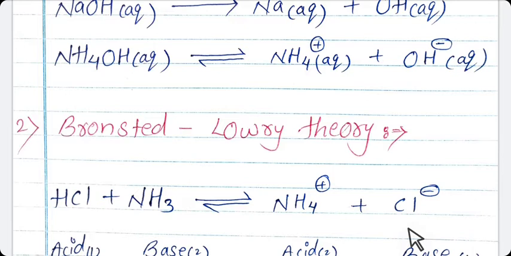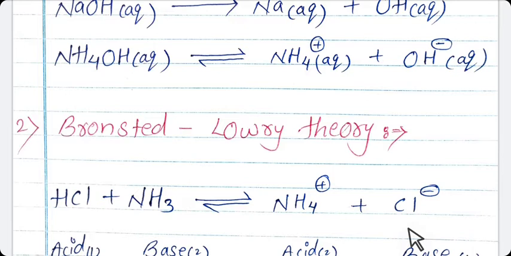I am explaining it again. According to Bronsted theory, an acid is a substance that donates a proton, meaning H plus, to another substance. And a base is a substance that accepts a proton, meaning H plus, from another substance.